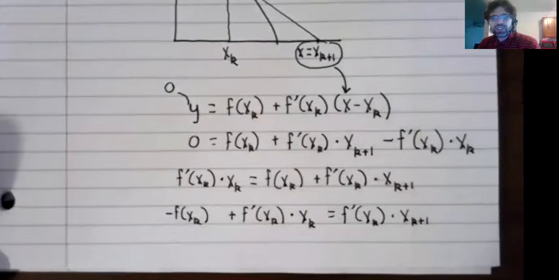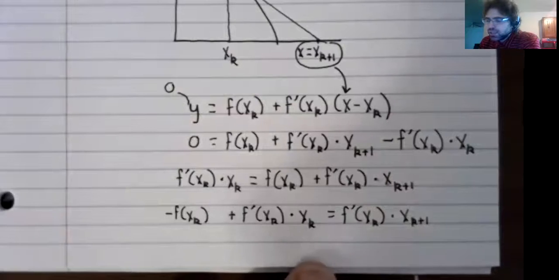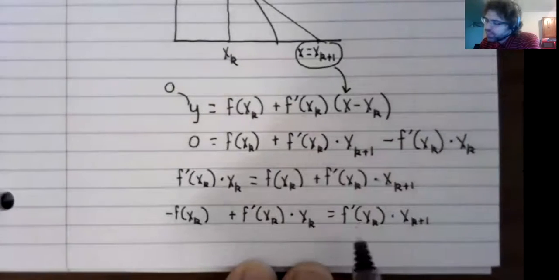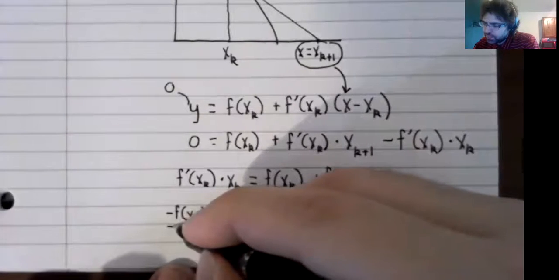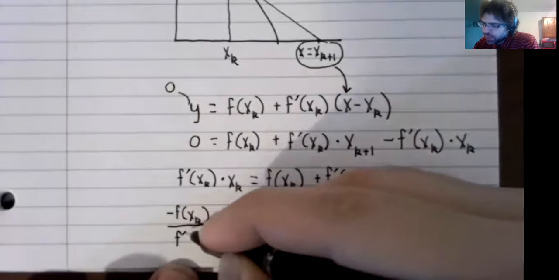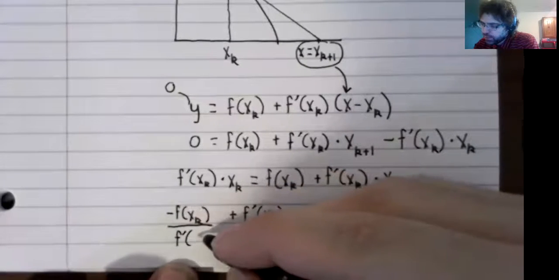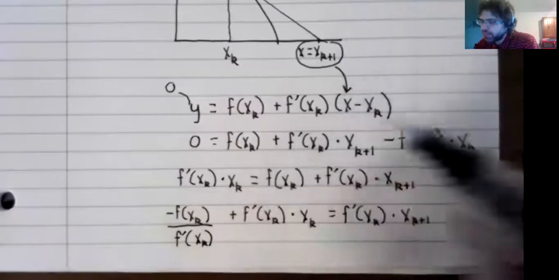And now, as I am about out of space, let's divide both sides by this derivative, f prime of x sub k.